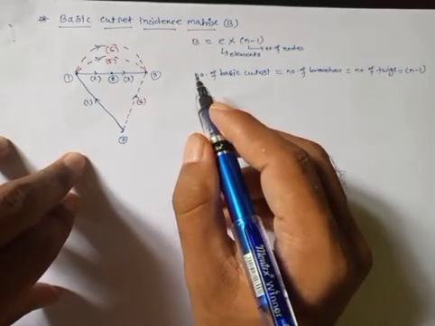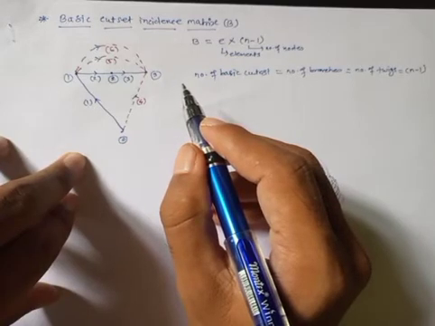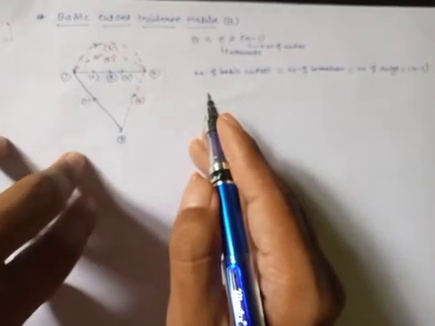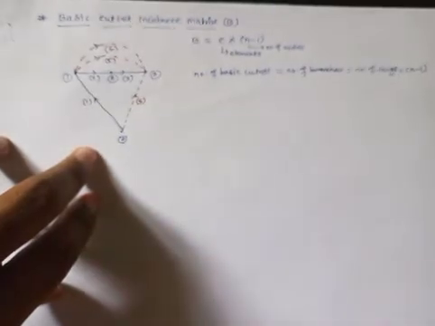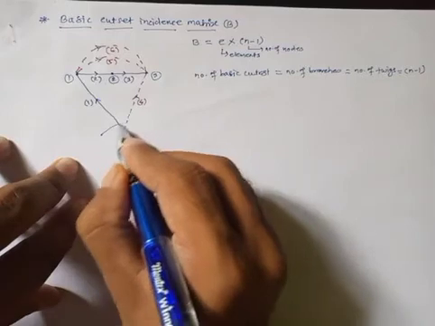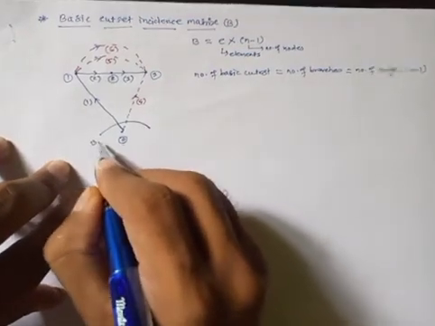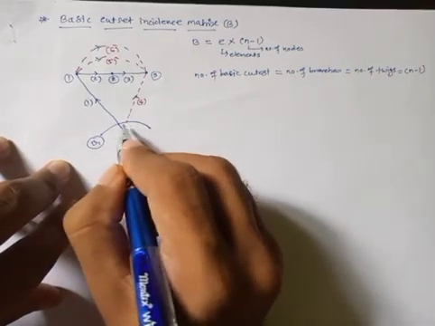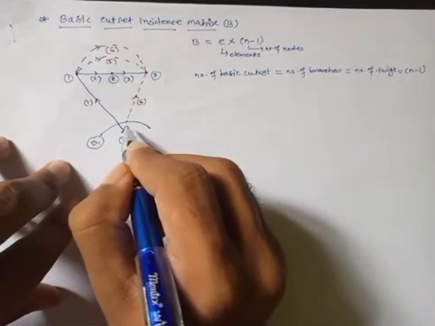And you have to cut a particular part of this oriented graph in such a way that it directly isolates it without disturbing the remaining part of the network. Now here I'm going to cut this part, so this becomes your basic cut set number 1. I will call it B1. This consists of only one branch, that is 1, and the other element is a link.